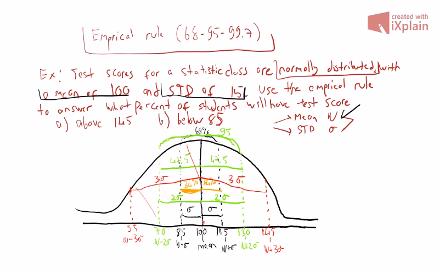It's going to be 99.7 over 2, and 99.7 over 2 is 49.85. So that means 49.85 for this area here.